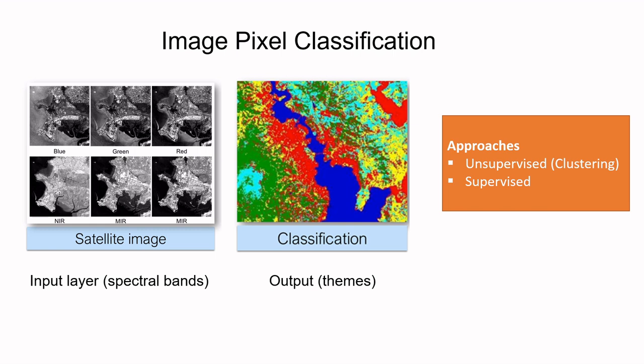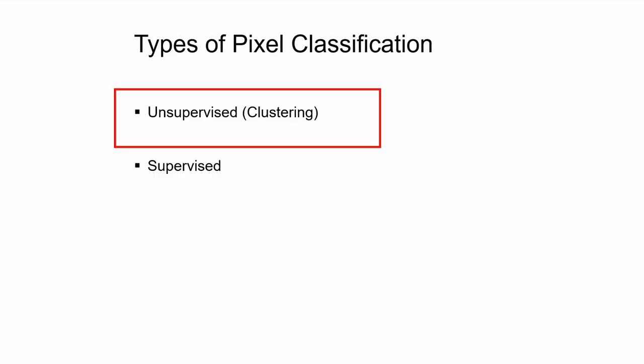So you're going to have clusters of pixels, and then you, the analyst, will finally come in and label these clusters, okay? Alternatively, you can give the computer a bunch of training data, and the computer is going to use this data to label all the pixels in the image, and this is what we call the supervised classification approach.